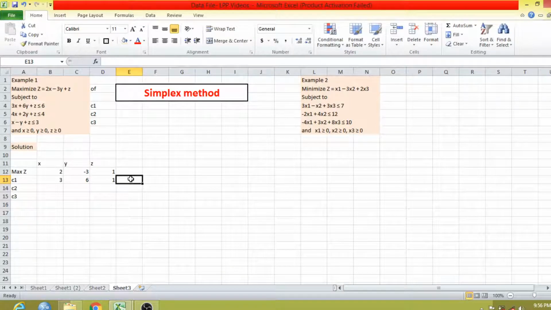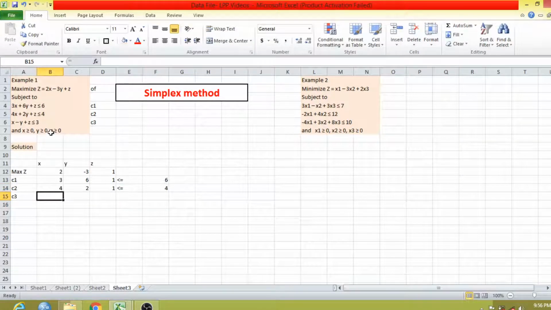Then what is the sign? Lesser than or equal to, and what is the value we have for this particular constant 1? It is 6. Then for the second constant the coefficients are 4, 2 and 1, and the sign is lesser than or equal to, and what is the value given? 4.